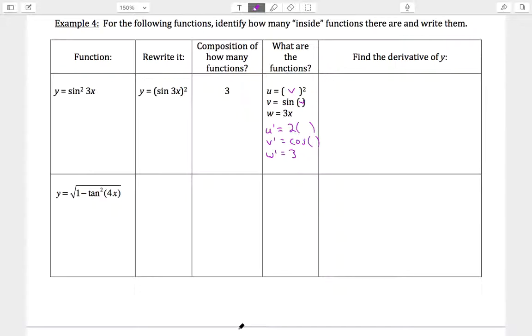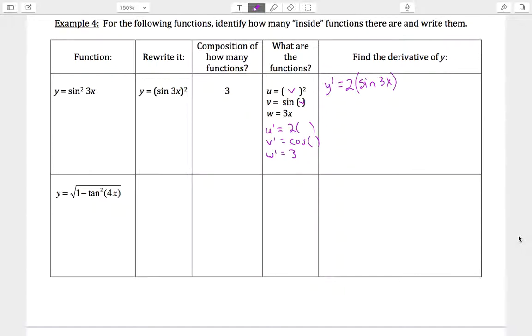So the derivative of y is going to be the derivative of the big outside with everything inside. So it's going to be 2 with everything inside it still, to the 1 power. That's our u prime. Where did I lose you? First, do you see all the functions in there? So you're okay with that?